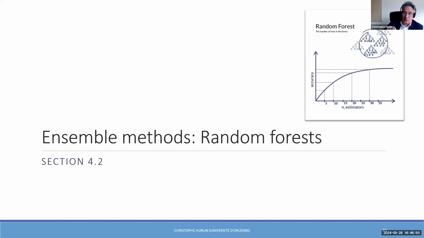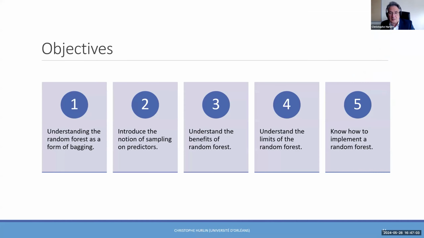So I will pursue with random forests. This is a particular method of the bagging. The idea is to understand the random forest as a form of the bagging. I will apply directly the random forest and not the bagging.